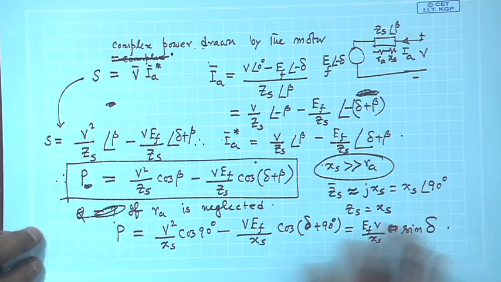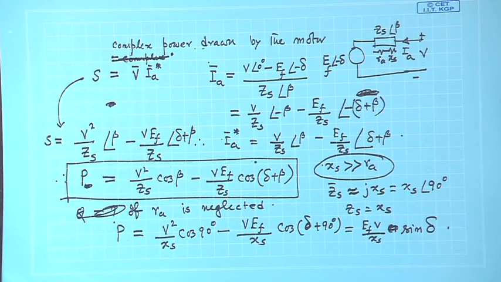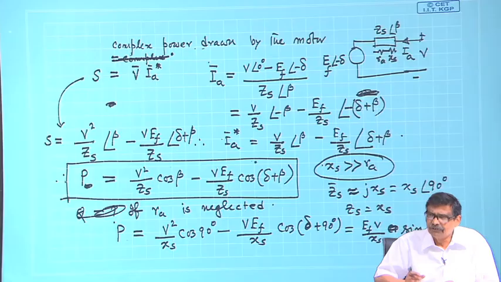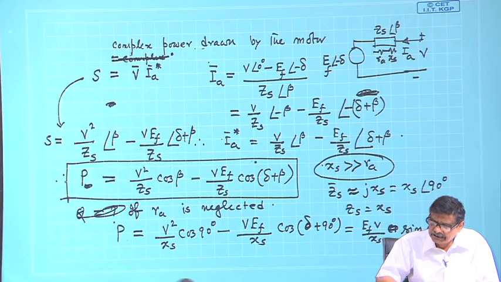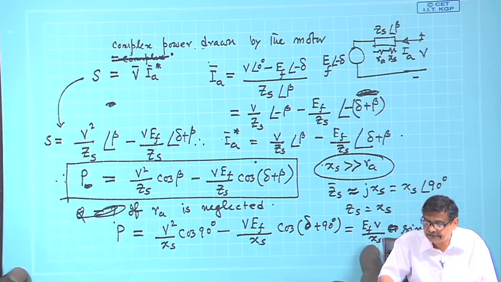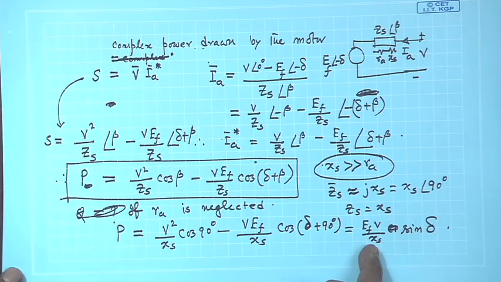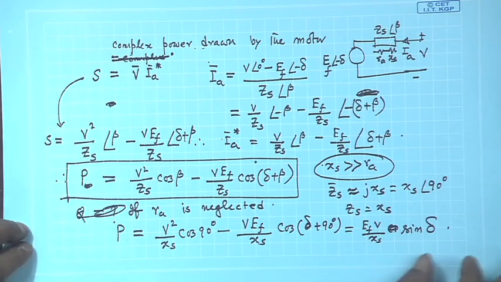Therefore, the expression of the power if R A is neglected, which is often the case: power system engineers will simply neglect R A, and represent the synchronous machine in terms of X s alone, with the understanding that armature resistance is much smaller compared to the synchronous reactance of the machine. You will get the same expression as that of generator and motor.